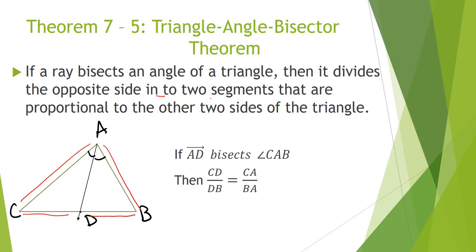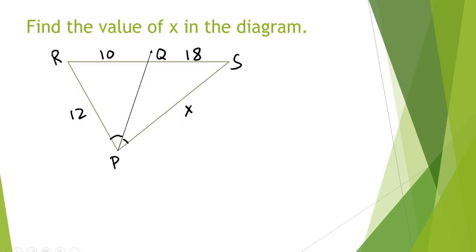It divides the opposite side into two segments that are proportional to the other two sides of the triangle. And let's do one with this. So here's my diagram. Since PQ bisects this angle, this is proportional to this. QS is proportional to RQ, as SP is proportional to RP.